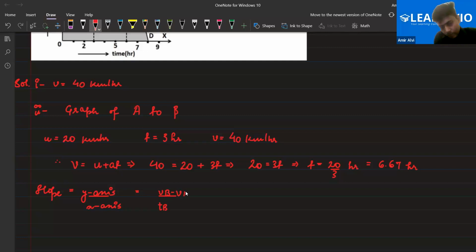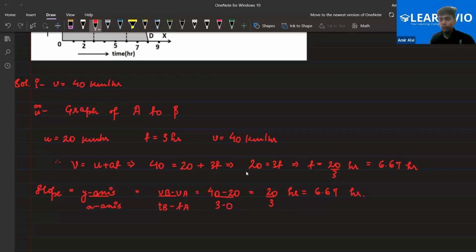VB minus VA over TB minus TA, right? So VB is 40 minus 20, divided by TB, which is 3. At point A it's 0, because it is the starting point of the journey. So it would be 20 by 3 hour, or 6.67 hour.